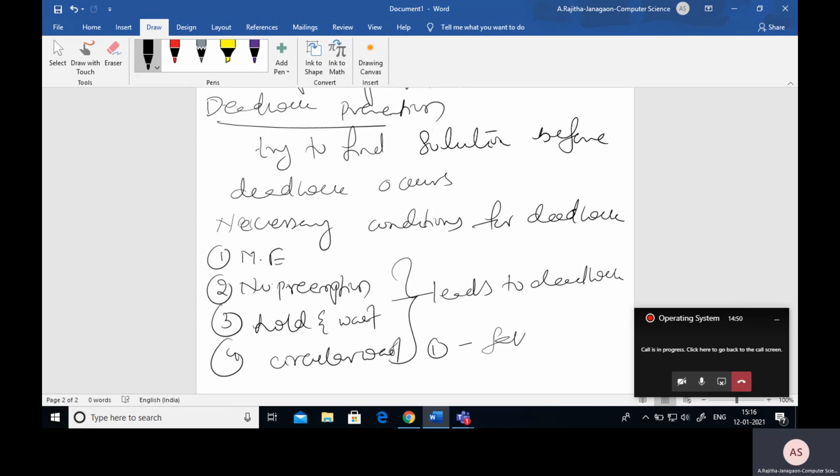Otherwise, at least try to make any one of the conditions false. If these four occur, we get a deadlock; if we make them false, there is no deadlock. So before the deadlock occurs, we take solutions.